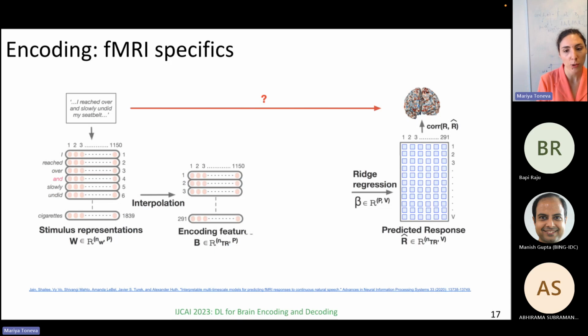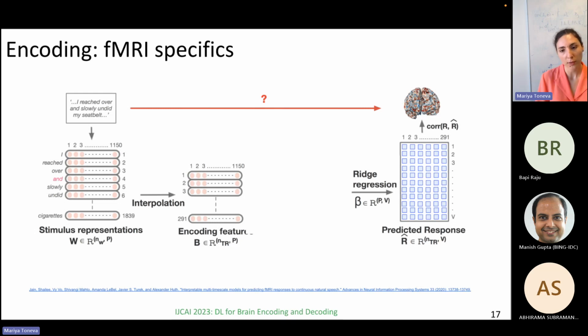So the first one is we want to downsample the actual representation from the model to match the sample rate of the fMRI. And this can be done in several different ways, and it depends on the rate of the presentation of the stimulus. So for example, if the stimulus was presented for the same amount of time, so each word, if, for example, you're reading the words instead of listening to the words, I can present each word to you for the same amount of time, let's say 500 milliseconds.